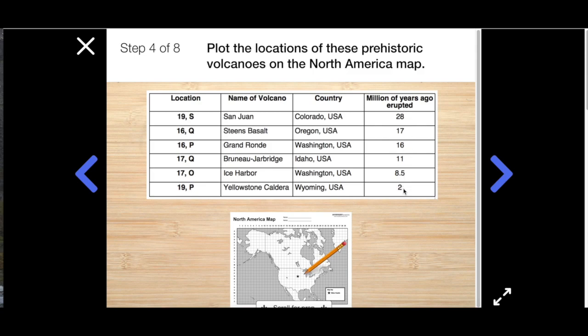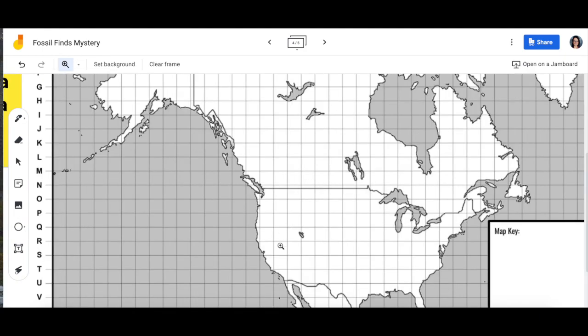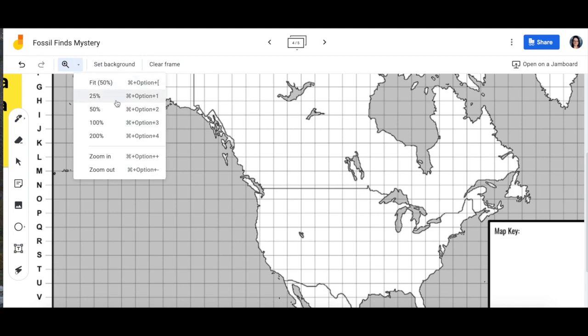So, pause the video and click between this and your jam so that you can mark these volcanoes on your jam. I would use a triangle to mark the ancient volcanoes. You probably will also want to zoom in while you work. It might make it easier to place the triangles.